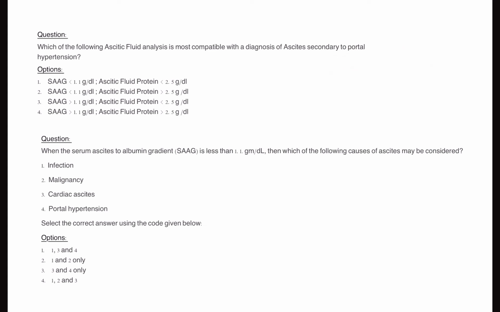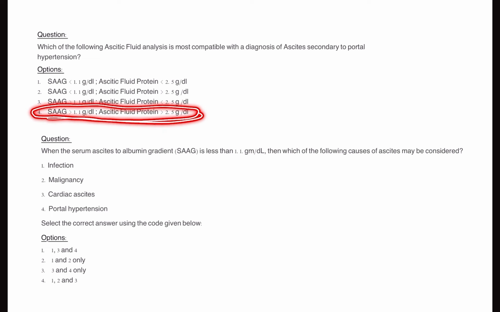It should be secondary to portal hypertension. Apart from that, the ascitic fluid protein should be more than 2.5 gram per deciliter. So the correct value here is the SAAG value is more than 1.5 gram per deciliter and ascitic fluid protein should be more than 2.5 gram per deciliter.